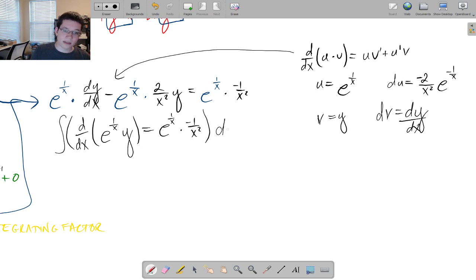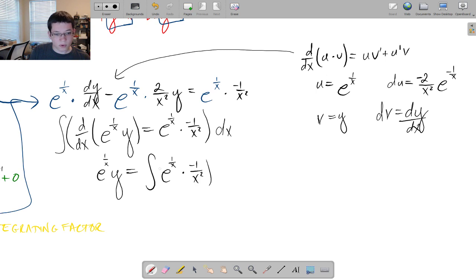Then when we integrate with respect to x, we end up with e to the 1 over x y. Yeah, let's write that correctly. Equals this integration, which I don't care to do, but you could work it out.